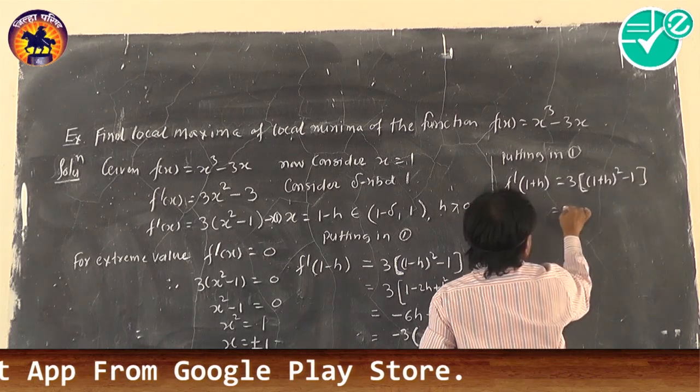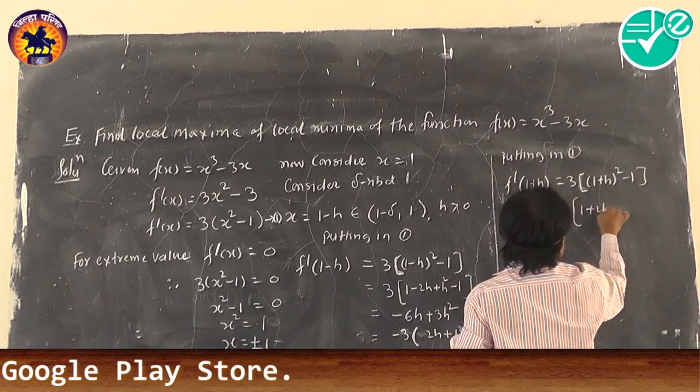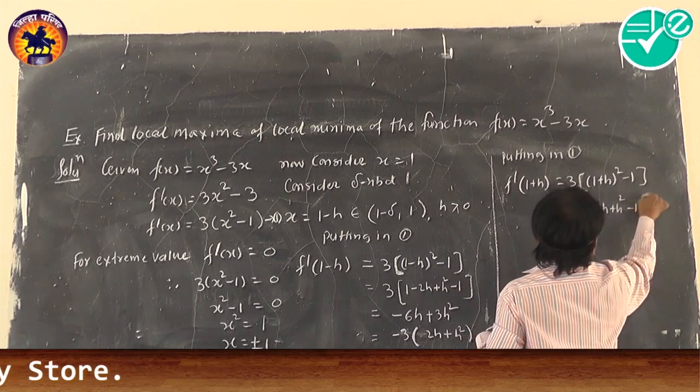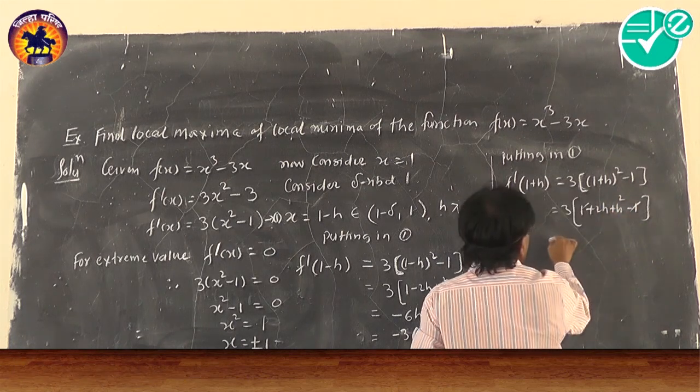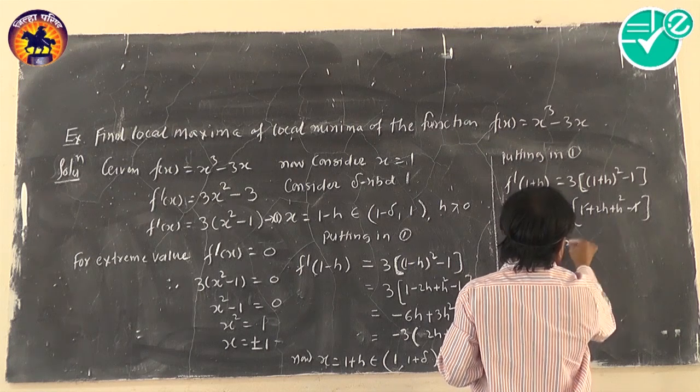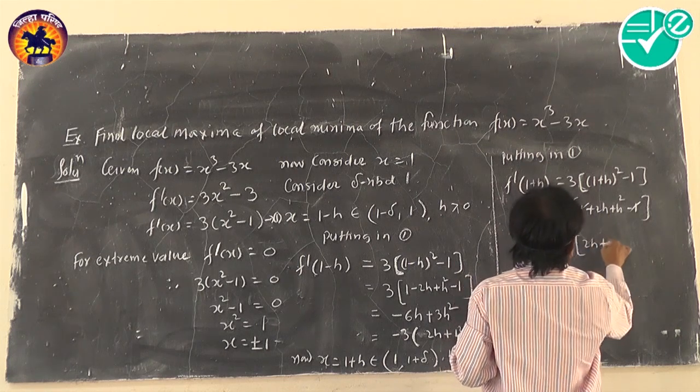Simplifying this, we get 3 into 1 plus 2h plus h square minus 1, the minus 1 plus 1 get cancelled, that is we get 3 into 2h plus h square.